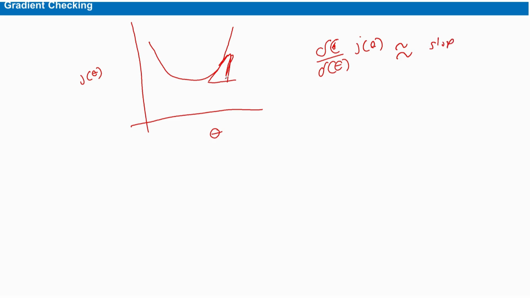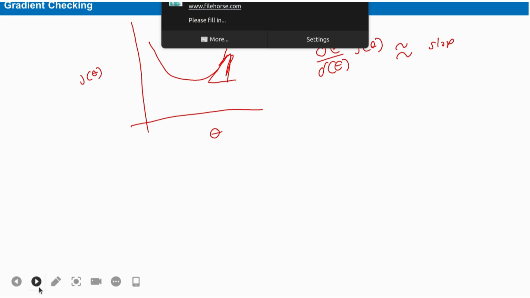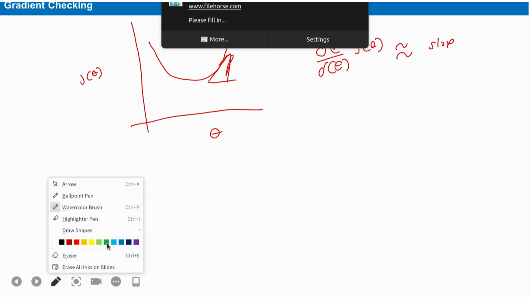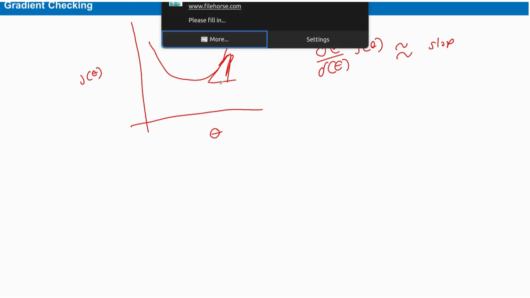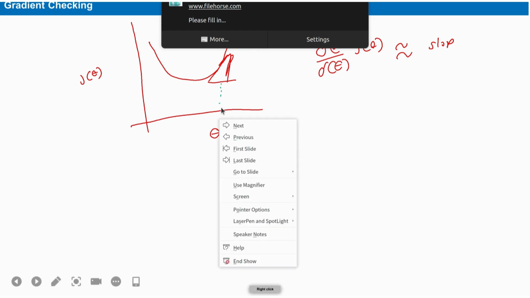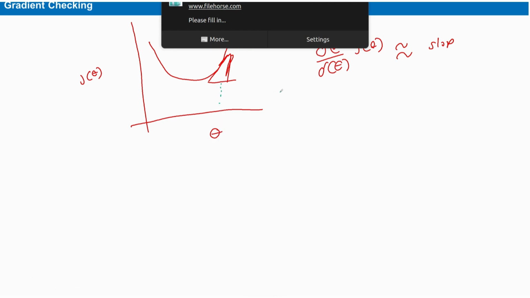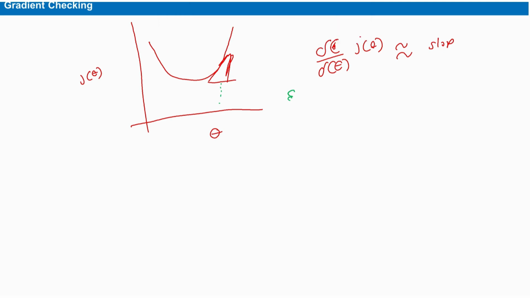In order to prove this, suppose this is the theta I am considering, and we need to consider one small epsilon value, which is 0.001.